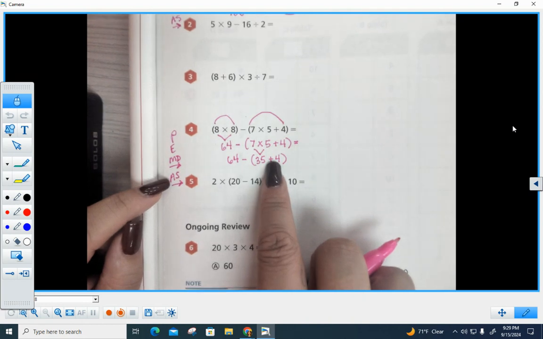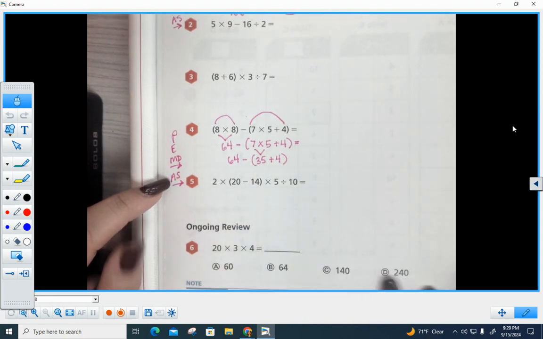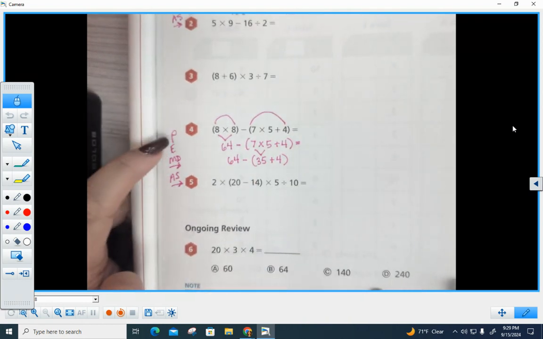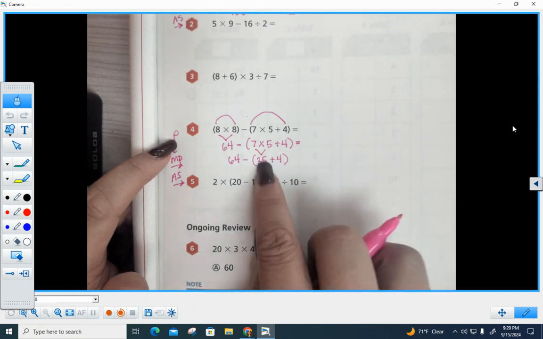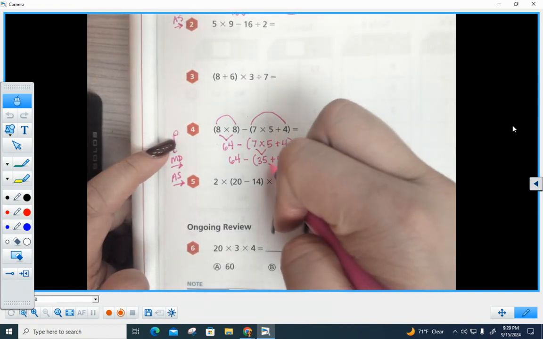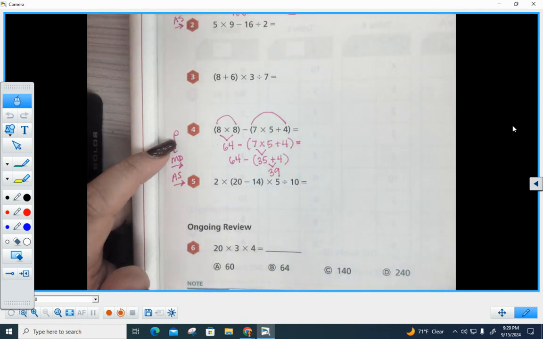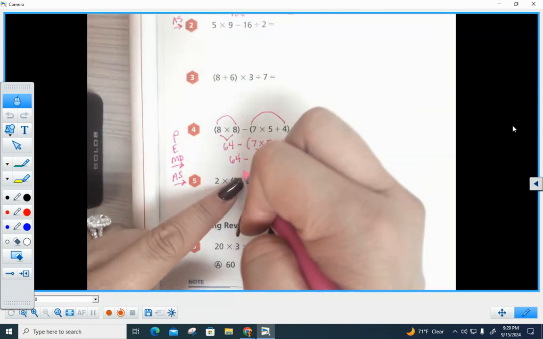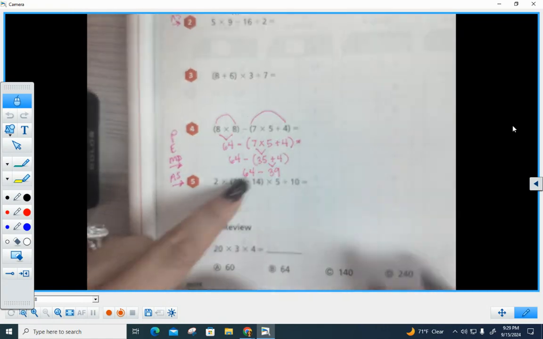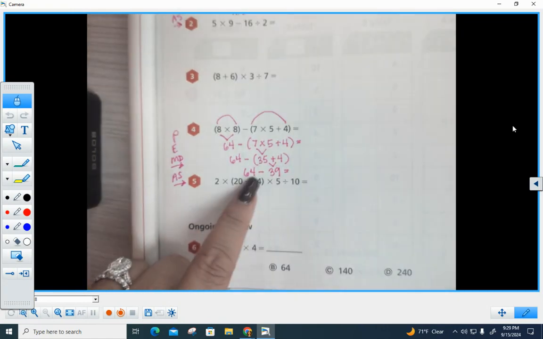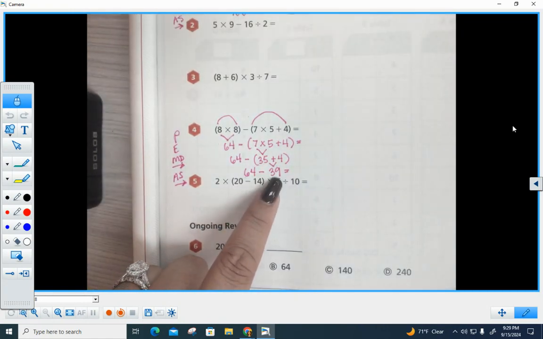So down below it's still going to be inside of the parentheses. Still on step 1, still inside of parentheses. We've got 35 plus 4, which we will do now. 35 plus 4 gives us 39. I'm going to drop this 64 minus down. And now my problem looks like this here, 64 minus 39.